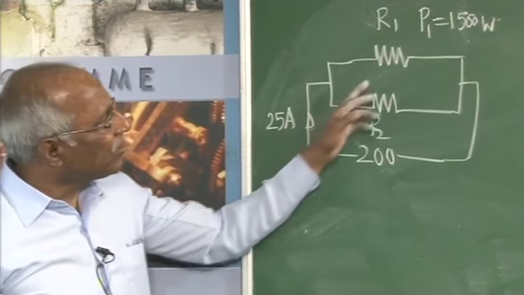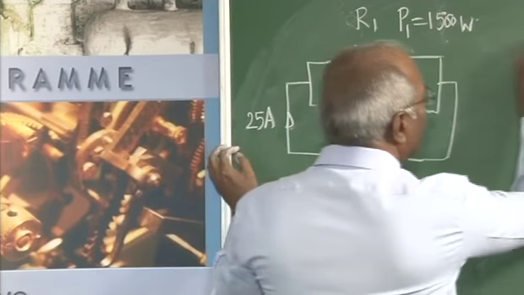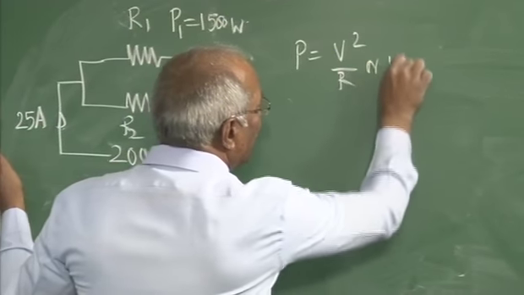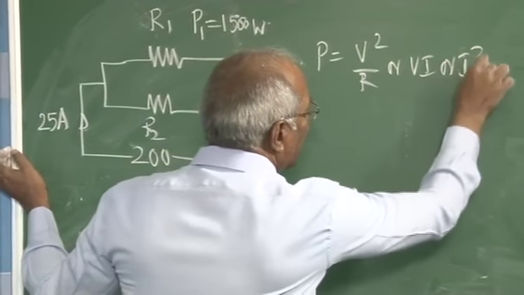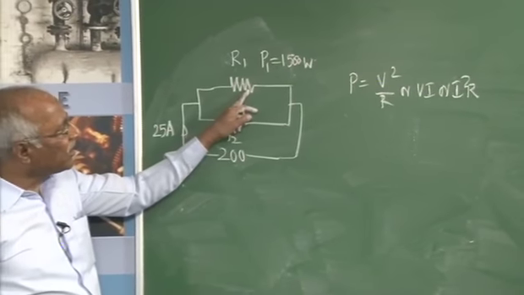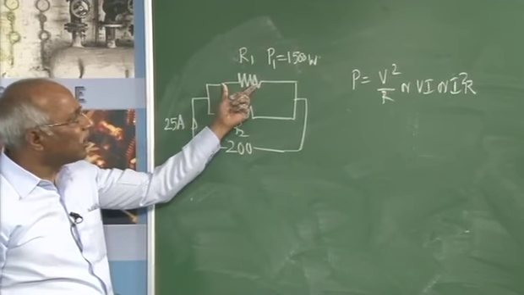So with that I have to find out what is R1 and R2. As such, P is equal to V square by R, or VI, or I square R. In that respect, I know the power here. You will also observe this 200 volt is across this R1 only.